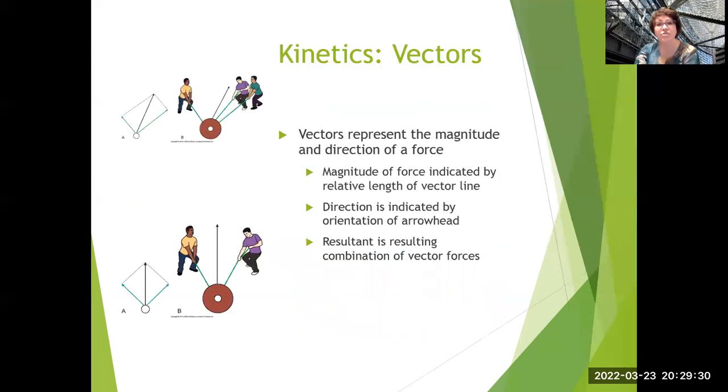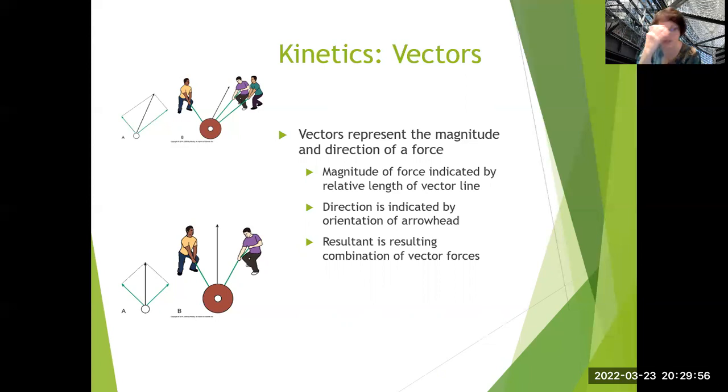So vectors represent the magnitude and the direction of a force. The magnitude of force is indicated by the relative length of a vector line, and the direction is indicated by an arrow. When you combine two different vectors, you get combinations of vector forces.